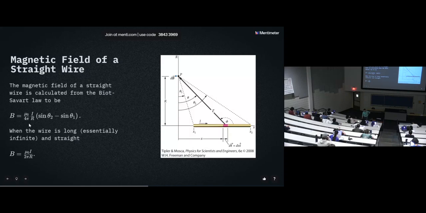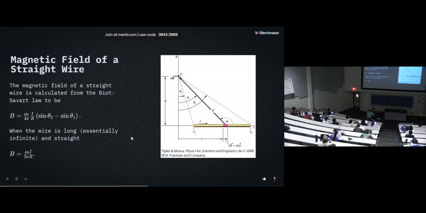Regardless, you get B is equal to mu naught over 4 pi times I over R times the sine of theta 1, theta 2, which are shown here on the figure.